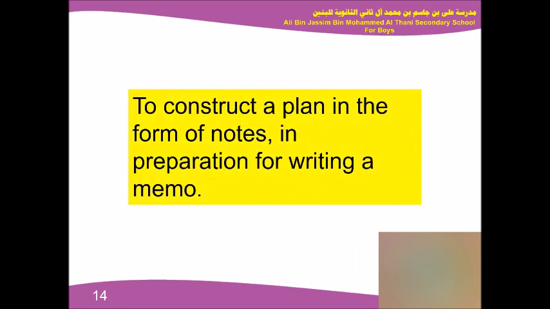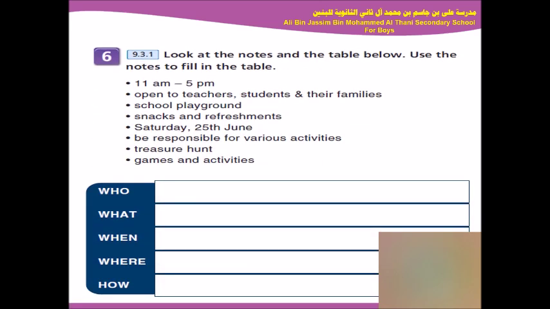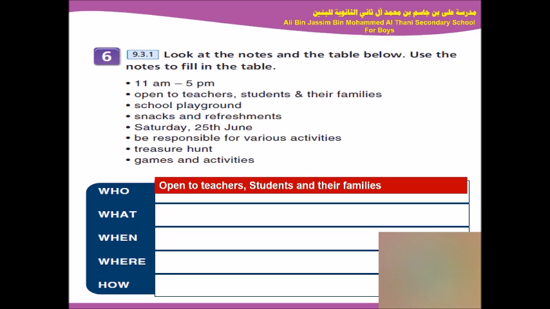And finally, to construct a plan in the form of notes in preparation for writing, you can use these notes and the table below to fill in the table, talking about who, what, when, where, and how. As you can see, who: open to teachers, the students, and their families.